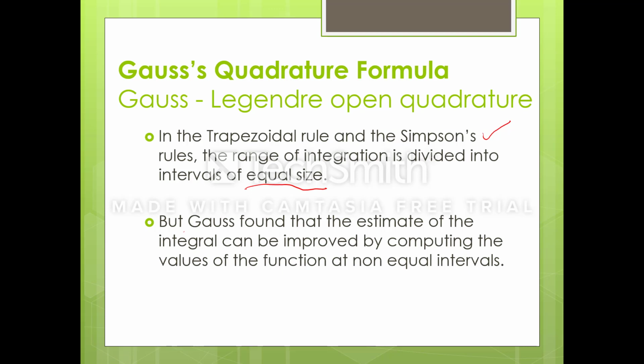But the mathematician Gauss observed that this estimate of the integral can be improved by computing the value of the function at unequal intervals. And he developed a new method which we call the Gauss quadrature formula or Gauss-Legendre quadrature.